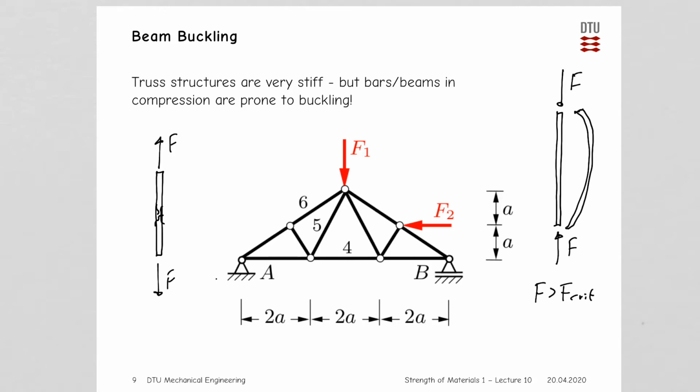So this will be the deciding factor. Of course, if you design your trusses in a very smart way, it will be beneficial to try to have as many of the truss members as possible only in tension. But of course, in practice, this cannot always be accomplished. You will also have some truss members in compression, depending on the load, of course.